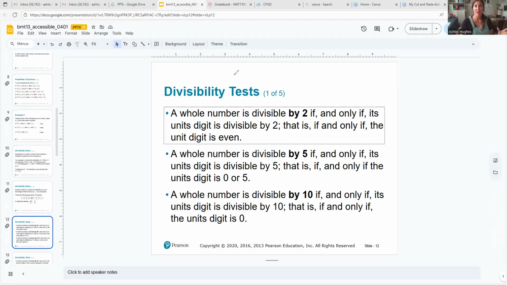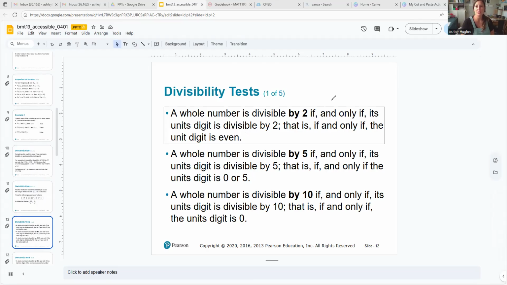And I will say that students are often really weak in just knowing their factors and their multiples. So when it comes to factoring, when you're trying to solve an equation, whether that's in algebra or geometry or pre-calc or calculus, they have a hard time solving the equations because they don't know how to factor. And being able to factor is directly related to knowing what's divisible by what.